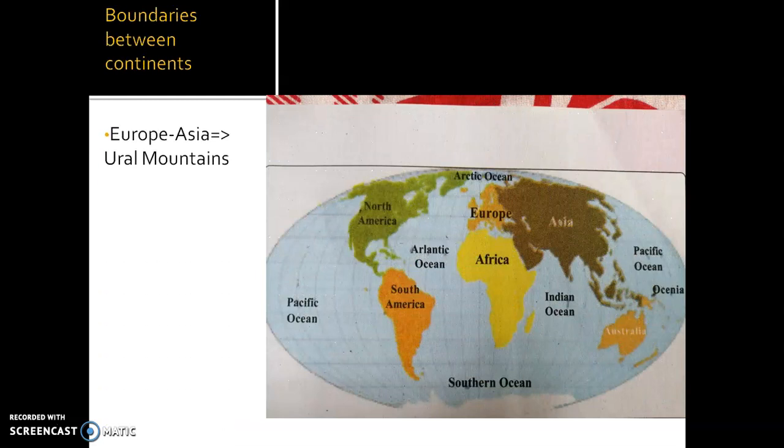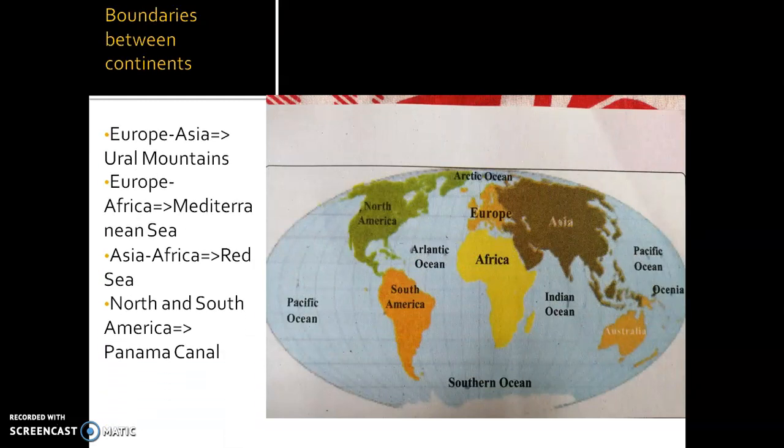But before we go there, let us look at the boundaries between the continents. What creates the boundaries? This map that you can see on your screen is a picture that I have taken from your textbook. It might not be very clear, but still we will try to get a feel of it. These boundaries are very important.